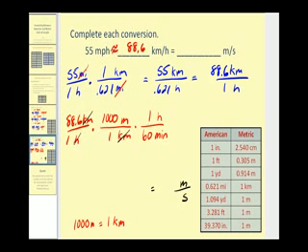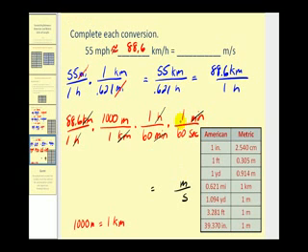Notice now the hours are simplified out and we're left with minutes, and now we can convert to seconds. We don't want minutes in our answer, so we'll have minutes in the numerator and we'll have seconds in the denominator. And the conversion is 1 minute is equal to 60 seconds. Now the minutes are gone and we're left with meters in the numerator and seconds in the denominator.